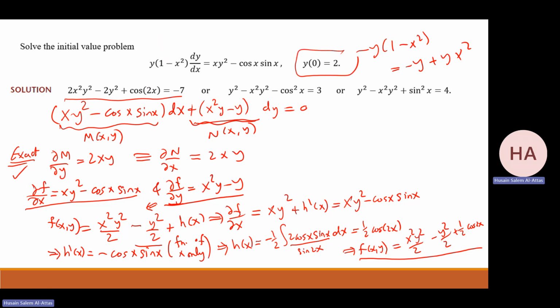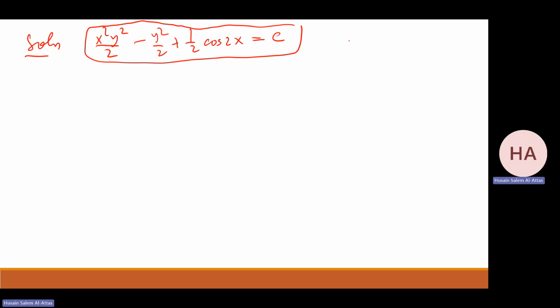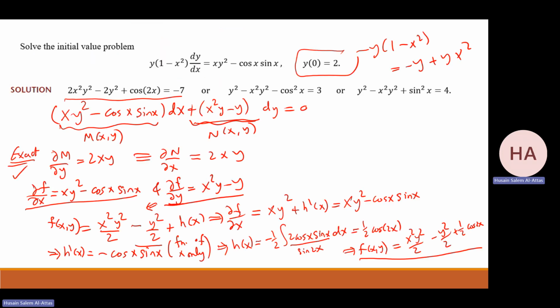So let me do it with the initial condition. First, I can multiply by 2. That will not make a difference. So I have x squared y squared, minus y squared, plus cosine 2x. Is there a 2 missing somewhere?